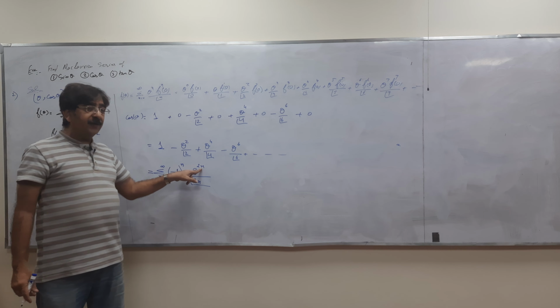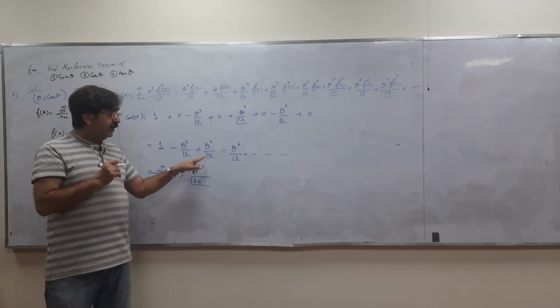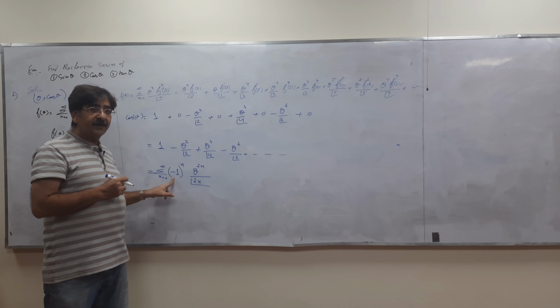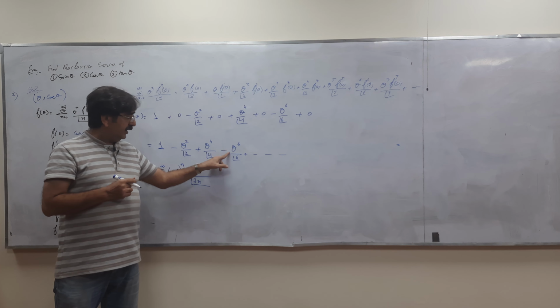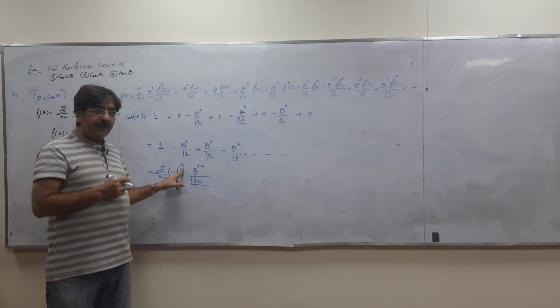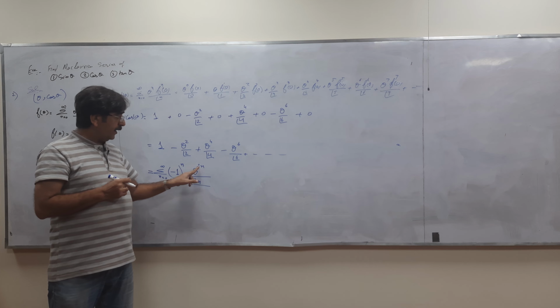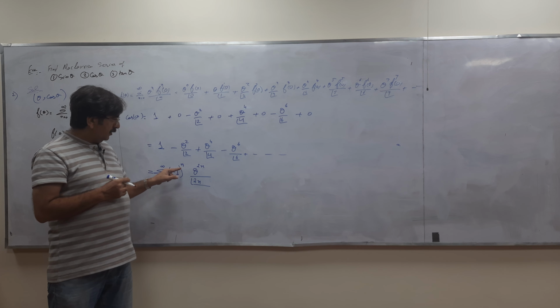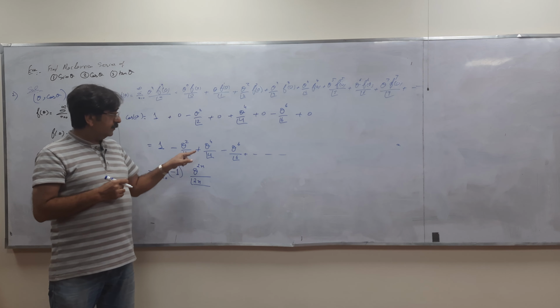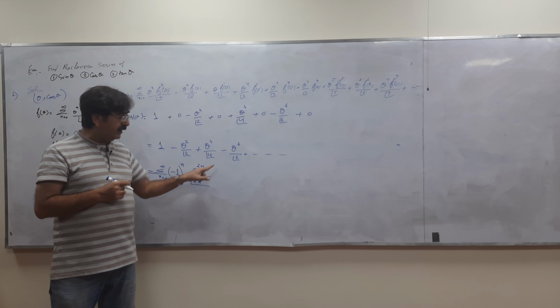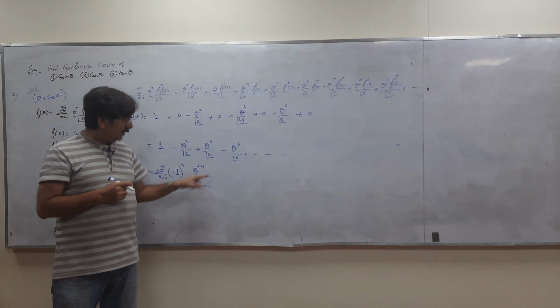When n is equal to 2, that will be 4 and positive. When n is equal to 3, odd number, that will be minus, with 6 and 6 factorial.